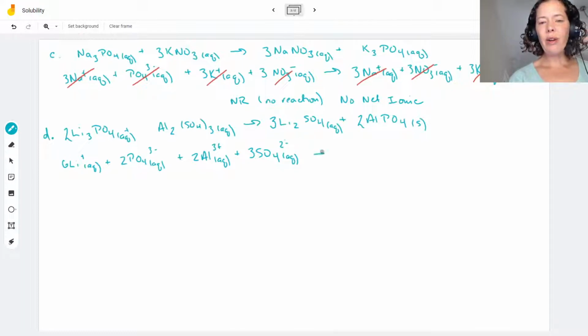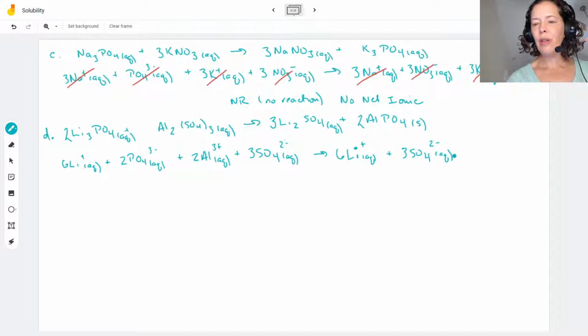All right, so going on to products. Again, I have 6 lithium cations. These are soluble. 3 sulfates, also soluble.